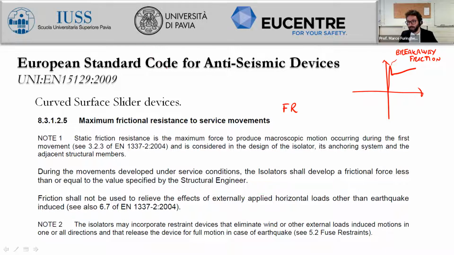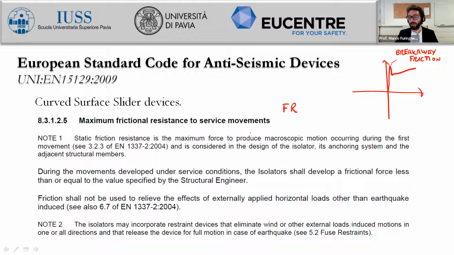This is a very dangerous parameter because, as you may know, if the ratio between the breakaway friction and the design friction is very high, it could happen that the isolator will not move in any condition. So this means that you have designed the isolation devices, but your isolation layer cannot deform because there is a very high breakaway friction.